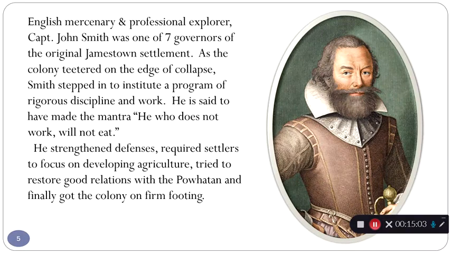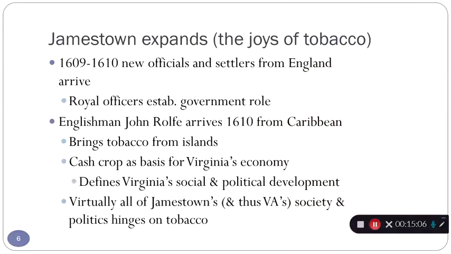And so by 1609, 1610, you see a change in the fortunes of Jamestown to the point where it's deemed to be a stable enough investment that the Virginia Company will send more people, they will send more supplies, and increasingly during the 1610s, England will begin to send royal officials to integrate the colony more into the operation of the British Empire as a whole.